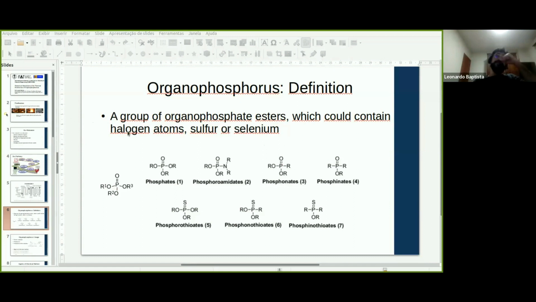So we should evaporate, raise the temperature of the organophosphorus before it enters the combustion chamber. Otherwise, we will quench the reactor.